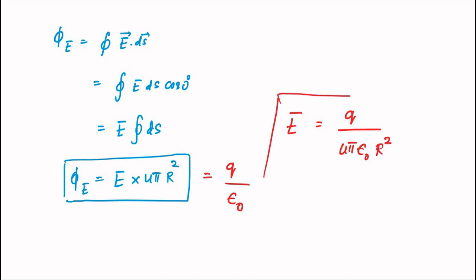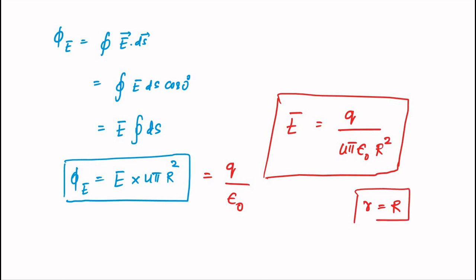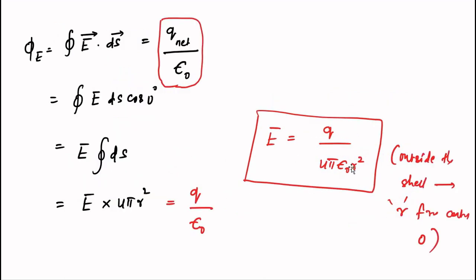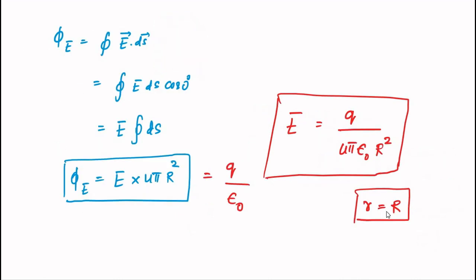Simply same as the previous one, just here we replaced small r with capital R. Everything else is the same. Previously it was Q by 4 pi epsilon 0 small r square; here simply we replaced small r with capital R. This is on the surface of the shell.